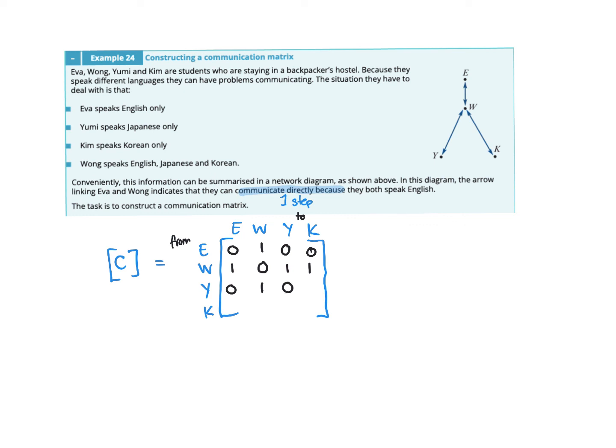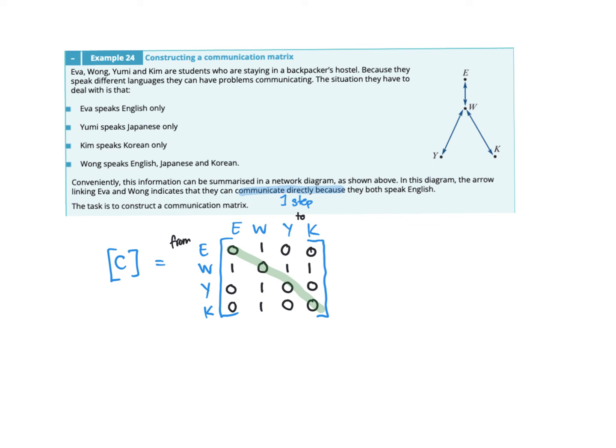Yummy to Yummy, no. And Yummy to Kim, no. Kim to Eva, no. Kim to Wong, yes. Kim to Yummy, no. And Kim to Kim, no. So here you've got your communication matrix. You can see on our redundant link we have zeros, which makes sense, yeah? Because why would they talk to themselves? Okay, so this is one-step communication.